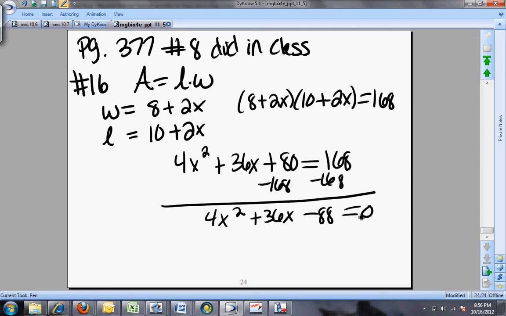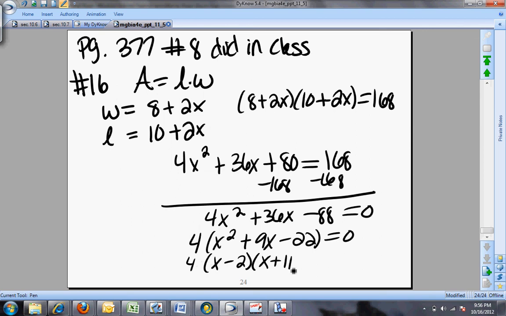So this is equal to 0 now. I want to start factoring this. I know I can factor a 4 out right away and be left with x squared plus 9x minus 22 is equal to 0. And then this factors into, I might be able to squeeze it in, x minus 2, x plus 11. Yeah, I think I can make it.